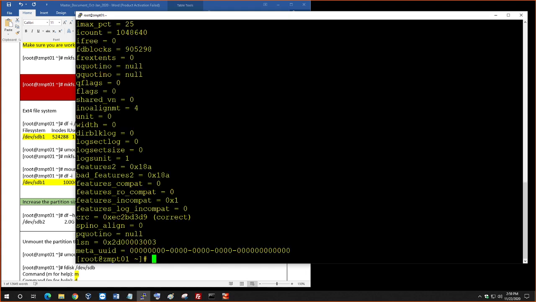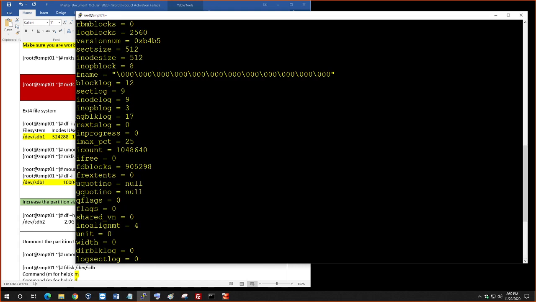If I hit enter, there's a lot of information coming here about that drive. What I'm looking at here is inode size, each block is 512, but here it says right now the count is 1048640.